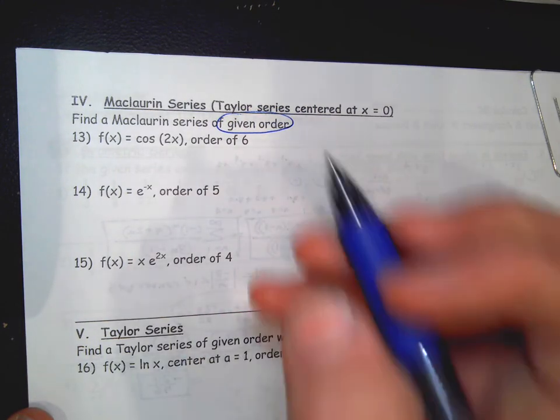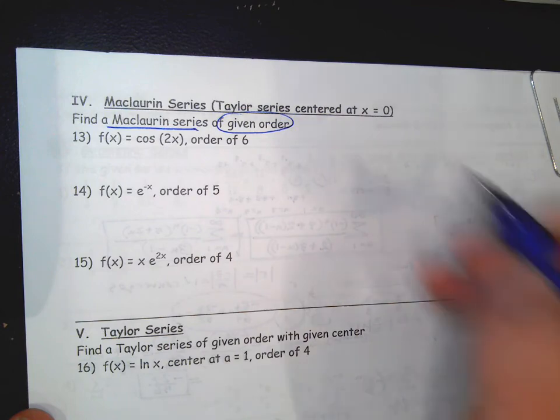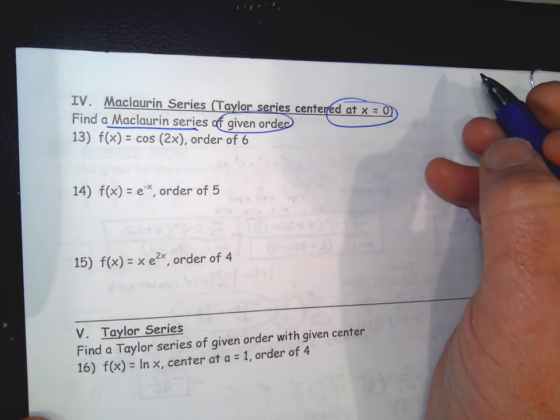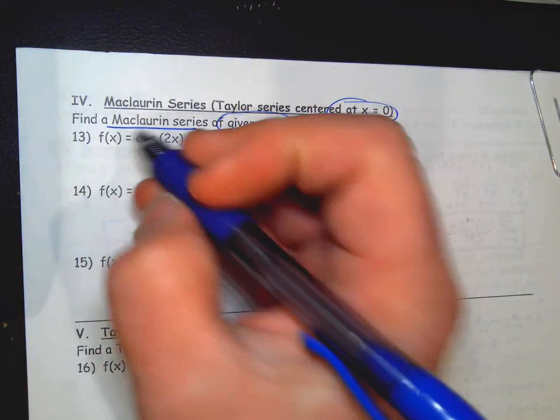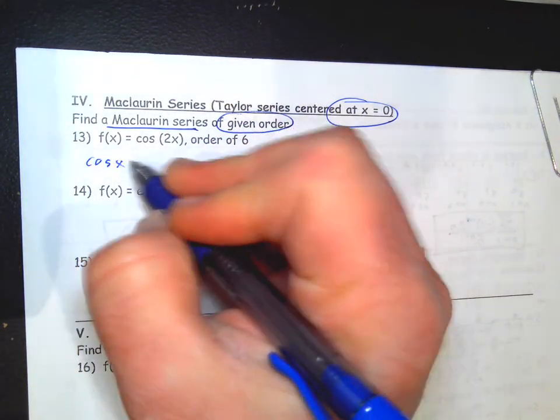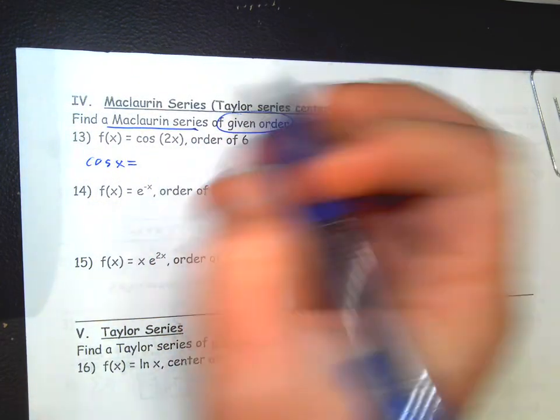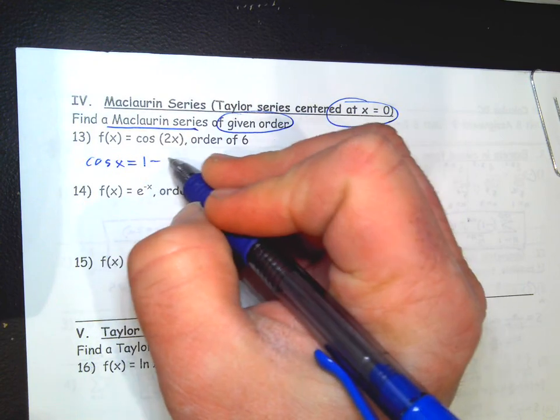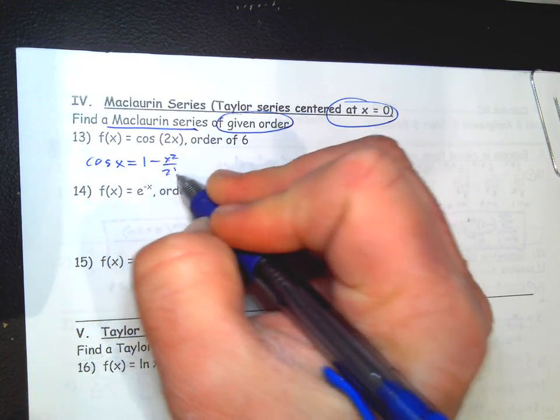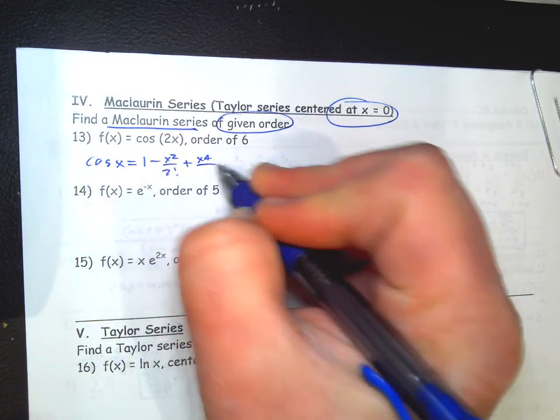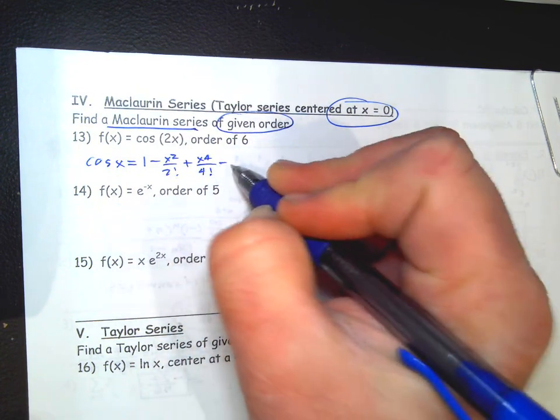Okay, so these ones, since they're Maclaurin series centered at 0, we can use the memorized versions that we're just doing. Now, I would write it down, the one you're going to use, real quick, just to have it in front of you. Even terms, 1 minus x squared over 2 factorial plus x to the 4th over 4 factorial, right? And it keeps going.